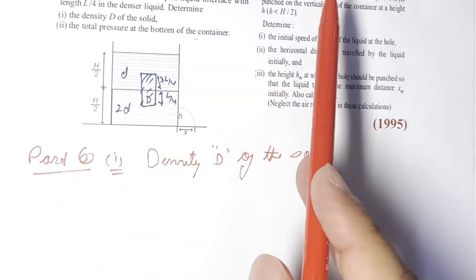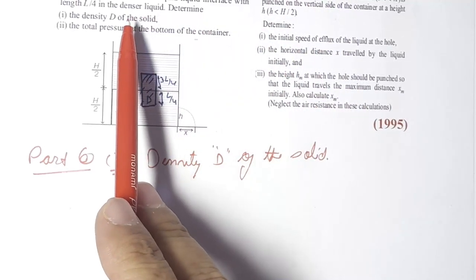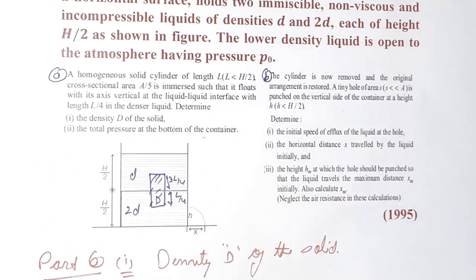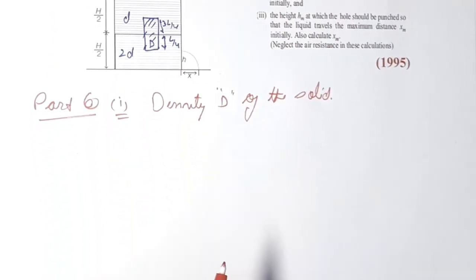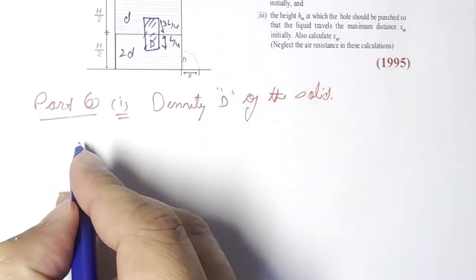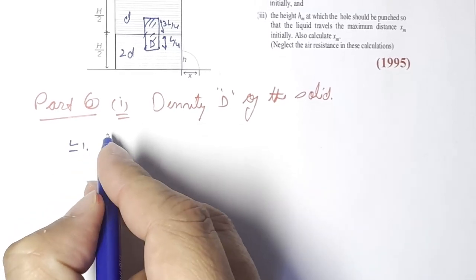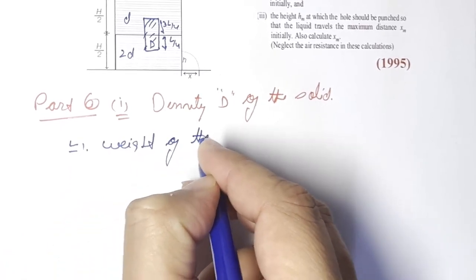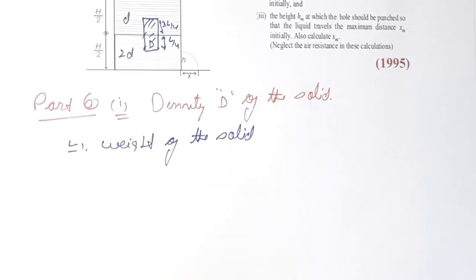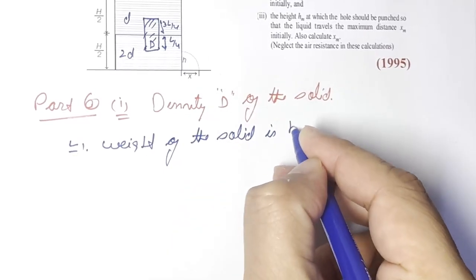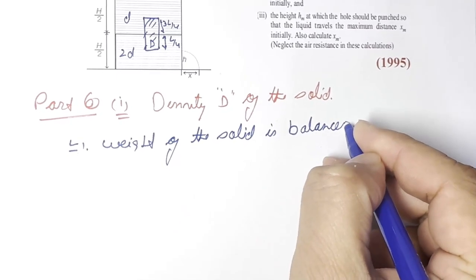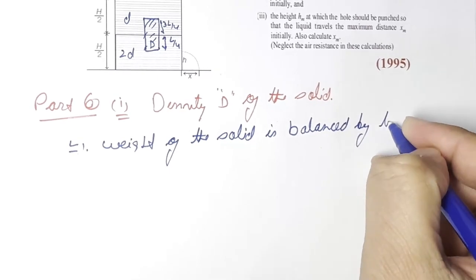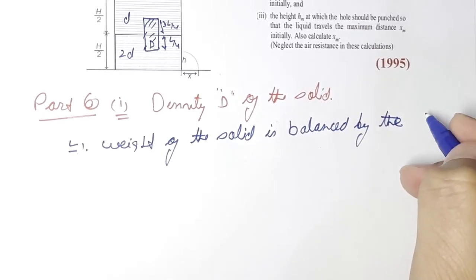So it is given that it is in vertical equilibrium, so therefore we can say that the weight of the solid will be balanced by the buoyant force. So we can say weight of the solid is balanced by the buoyant force.